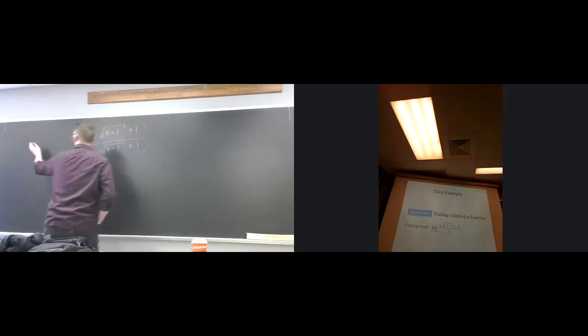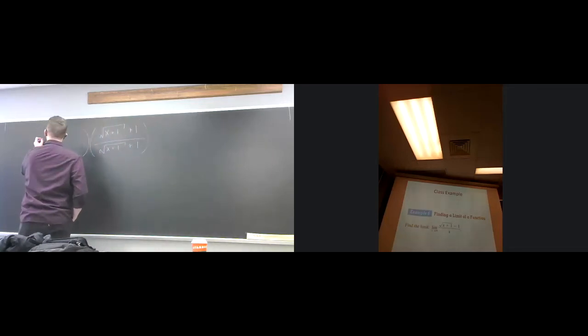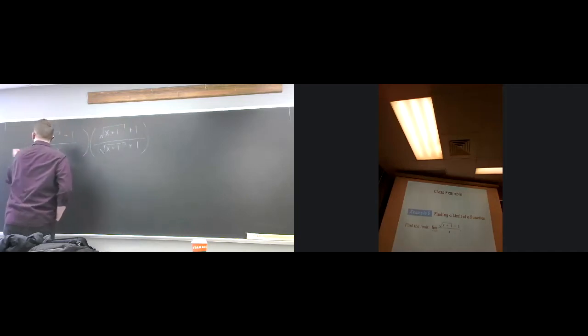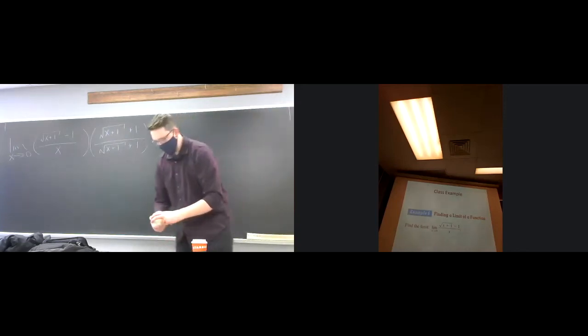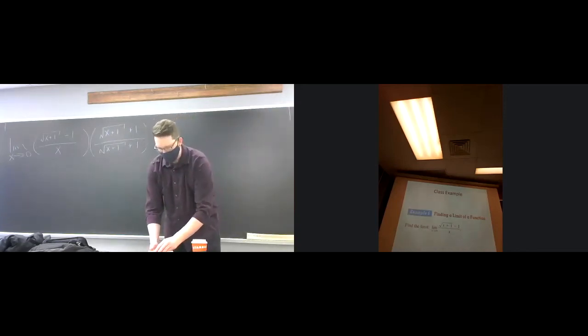So let's multiply our problem: the limit as x goes to 0 of the square root of x plus 1 minus 1, over x. When we do this, what's going to happen? Well, notice the top is of a very particular form.